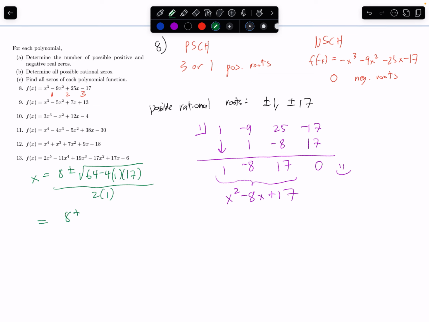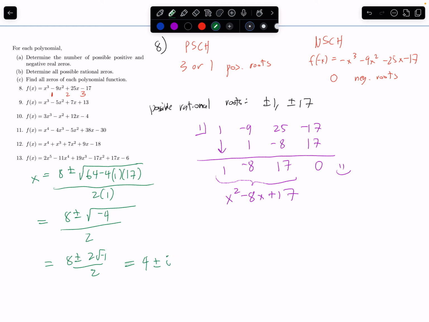That's 8 plus or minus the square root of negative 4 over 2, which is 8 plus or minus 2 square root of negative 1 over 2, which is 4 plus or minus i.